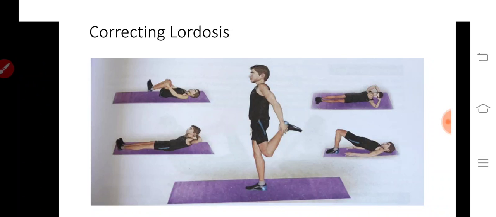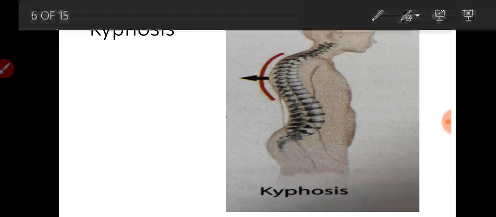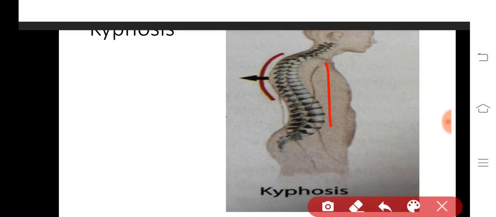Our third postural deformity is kyphosis. Here in this, instead of the backbone or spine getting straight, you will see that it is making a curve in the upper part.